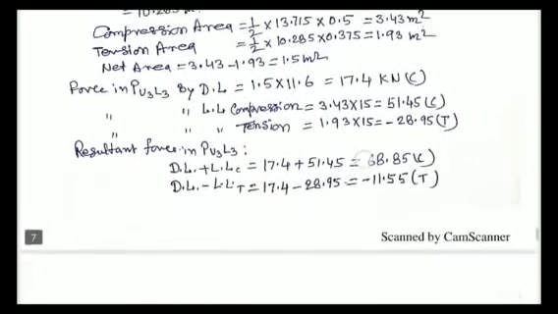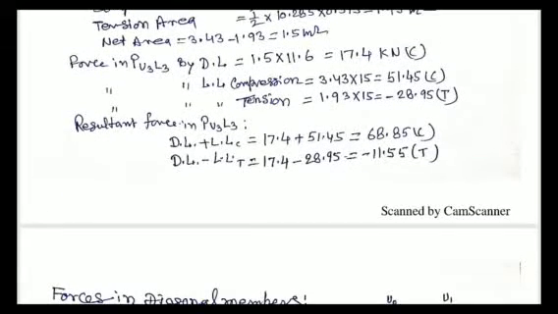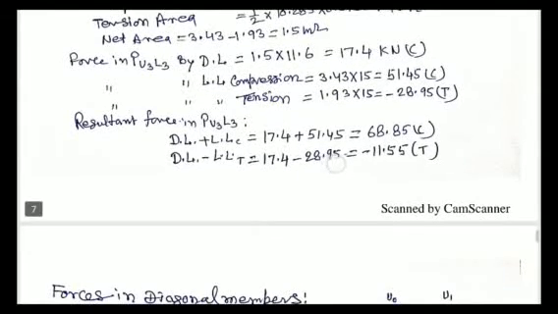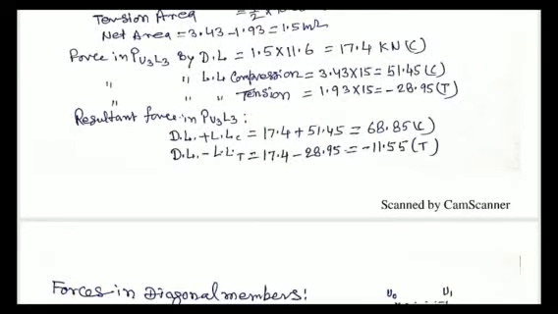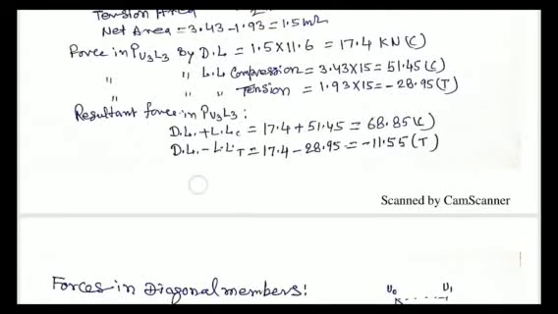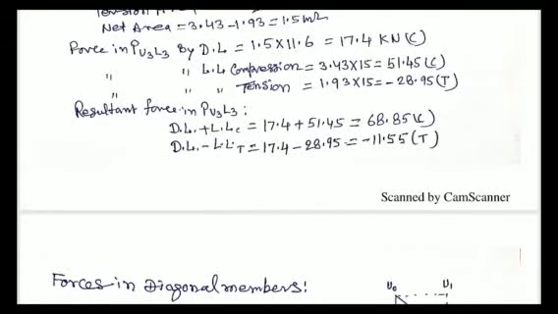So now the resultant force, or combination of forces, in member U3L3: the resultant force due to dead load and live load comes out to be 17.4 plus 51.45, which is 68.85 kilonewton of compressive nature. And then the minimum is dead load minus live load tensile, so 17.4 minus 28.95, which is minus 11.55 of tensile nature.